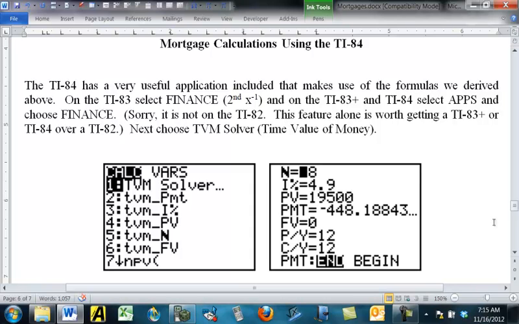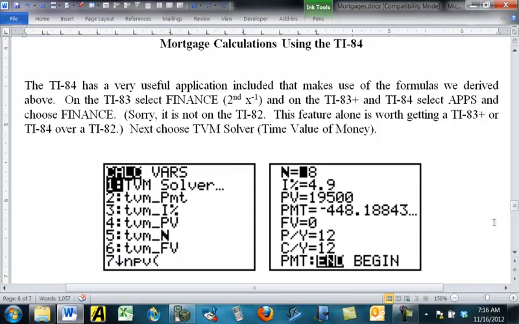On the older TI-83 without the plus, it's right on the keyboard, listed as Finance, which is second, and then the X inverse key, the X to the -1 key. Sorry, this application is not on a TI-82, so this is a really cool application. It's probably worth the difference in price between an 82 and an 83. But anyway, this is cool.